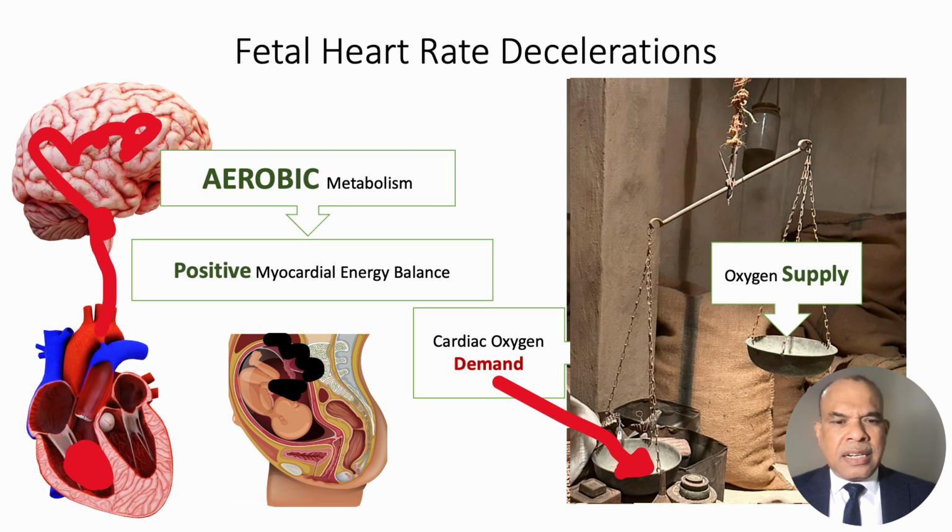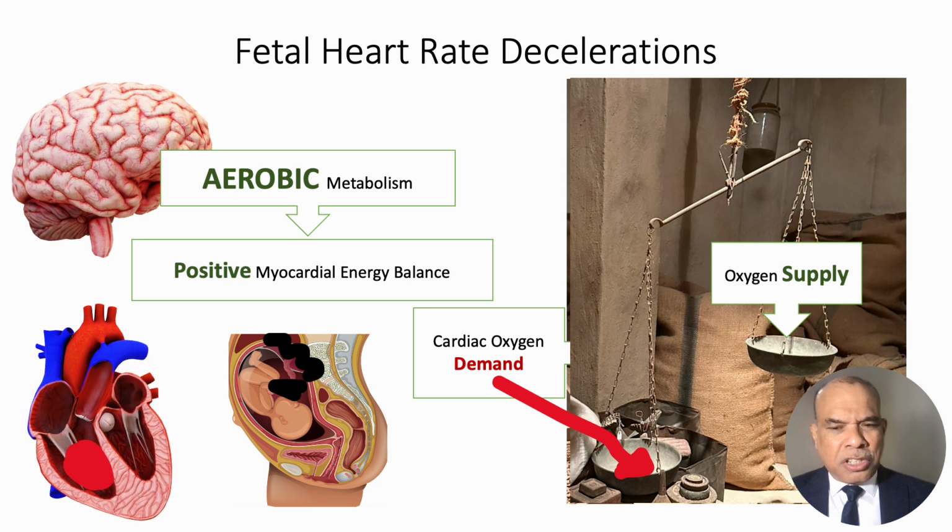Immediately the heart will not get enough oxygen. If the heart doesn't get enough oxygen, you are going to have reduced diastolic and systolic function, cardiac filling, and the force of contraction and cardiac output is not going to happen when there is myocardial hypoxia.